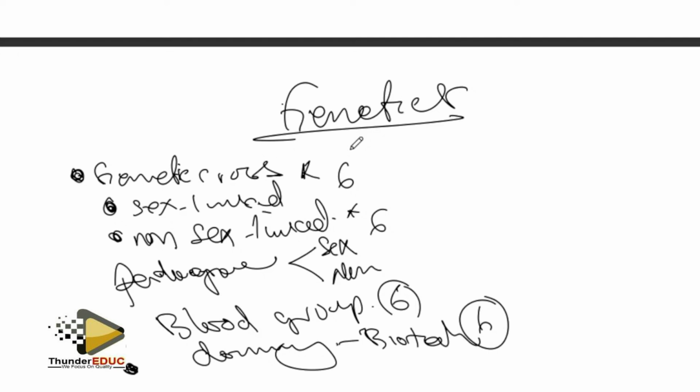All right, let's continue. Genetic cross. But before I start genetic cross, I've not talked about terminologies. But I want to know this: what is a locus? The position of a gene along a chromosome is called a locus.